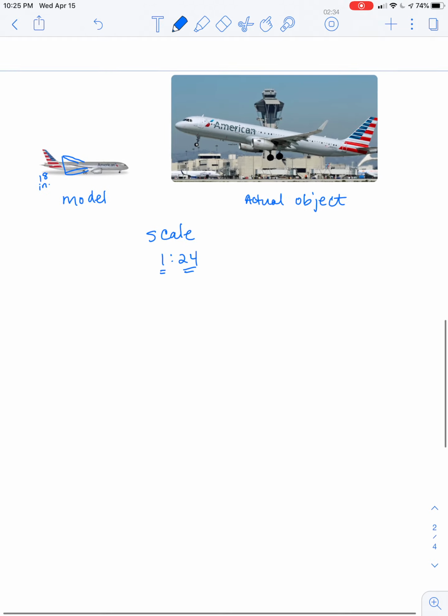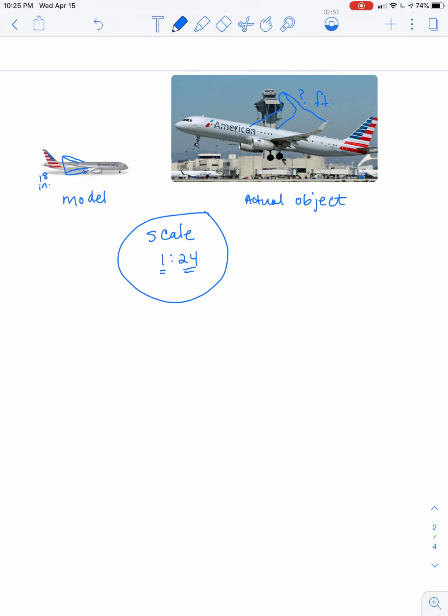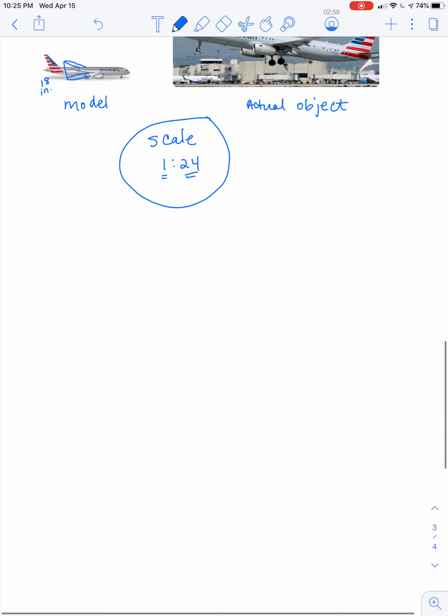On my true-to-life actual object, I can't see the wing on the other side, but let's just say it's going back like this. I'm not much of an artist. From the tip of this one wing to the tip of the other wing, we are supposed to figure out how many feet that is when we know that the scale is 1 to 24. So let's look at one method, and then a second method, and then we're going to build an example into our notes as well.